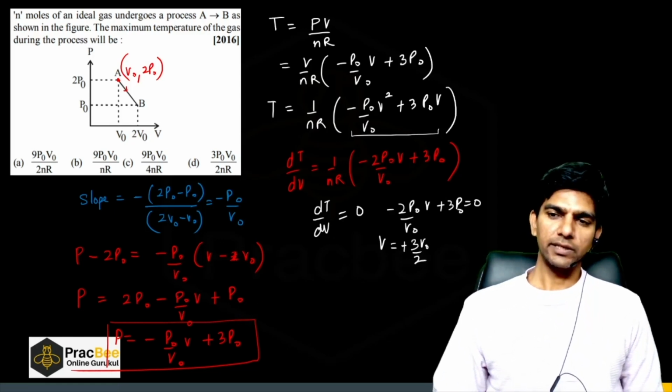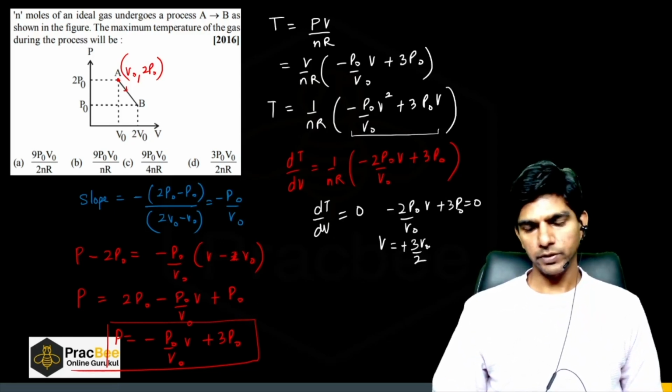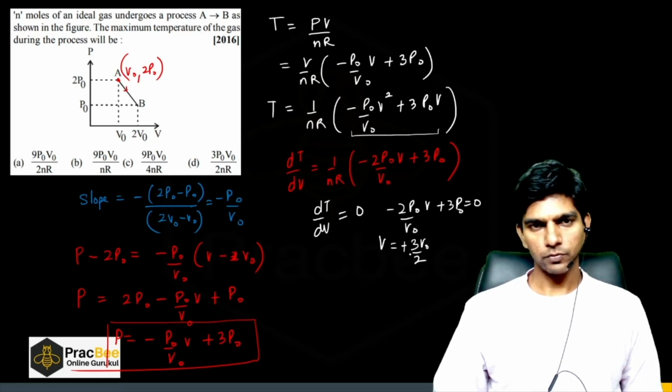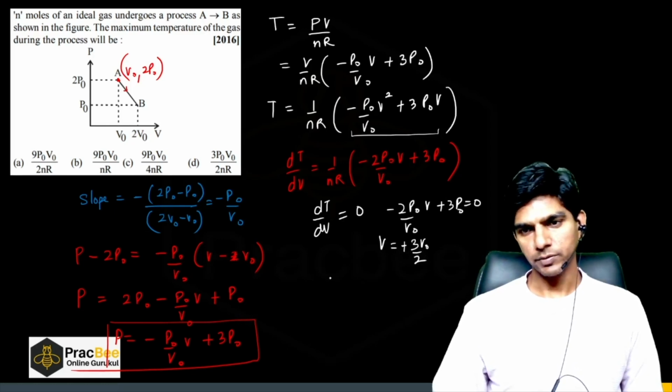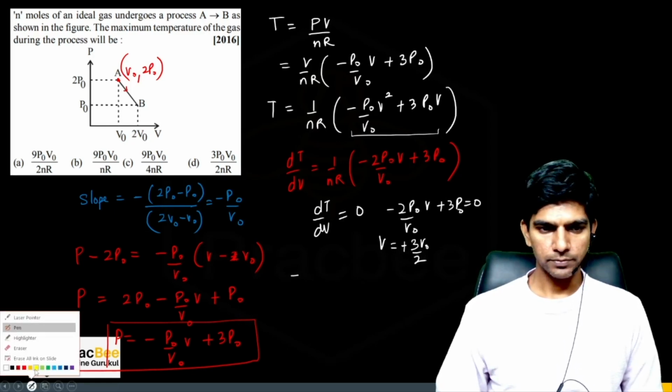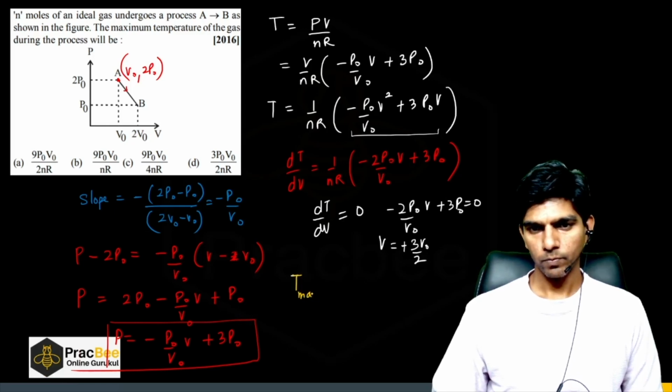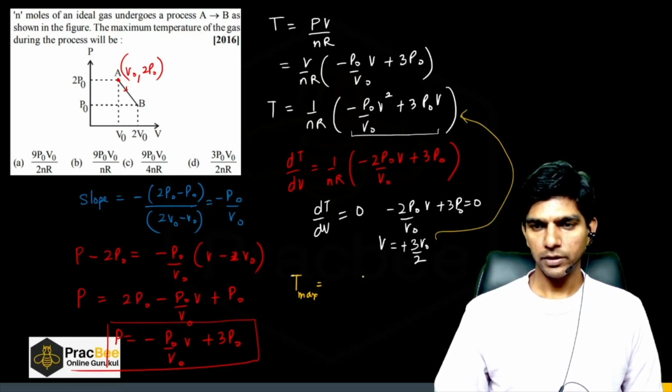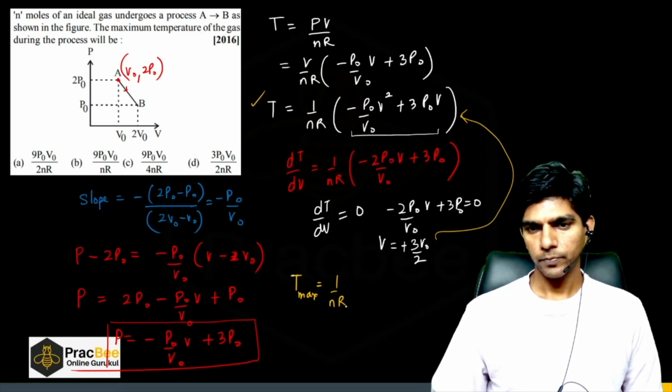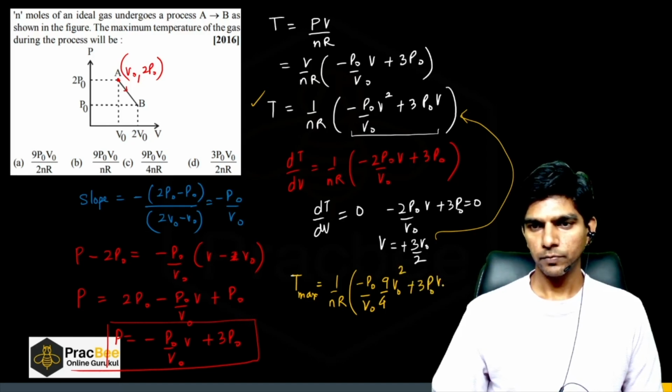So we can see that when the volume is 1.5 V naught, at that particular volume, the temperature will be maximum. Now let us put the value of V as 3 V naught by 2 in the temperature formula. So it will be 1 by nR times minus P naught by V naught times 9 by 4 V naught square plus 3 P naught V naught by 2 times 3.